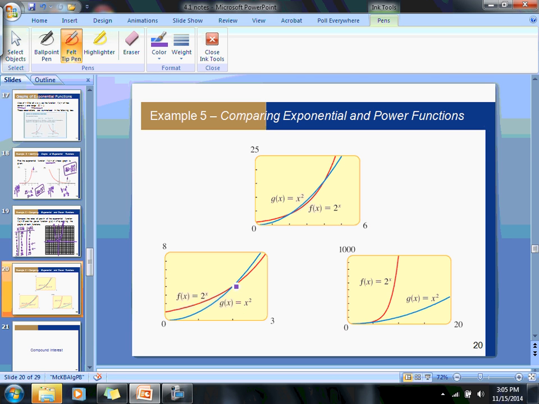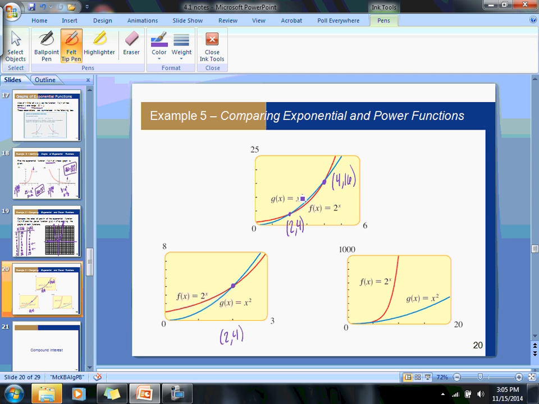Okay, you can see that they're the same. So that's at the ordered pair 2, 4. And here we have 2, 4, and then we also have the 4, 16. Okay, so again, those ordered pairs are going to be the same for both graphs.